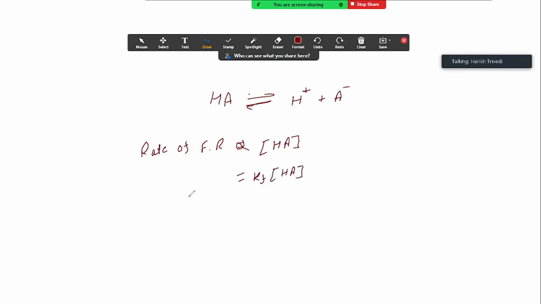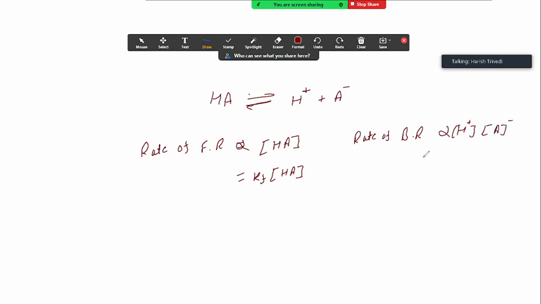Similarly, what will be the rate of backward reaction? The rate of backward reaction is also proportional to the concentration of H plus ion and the concentration of A minus ion.